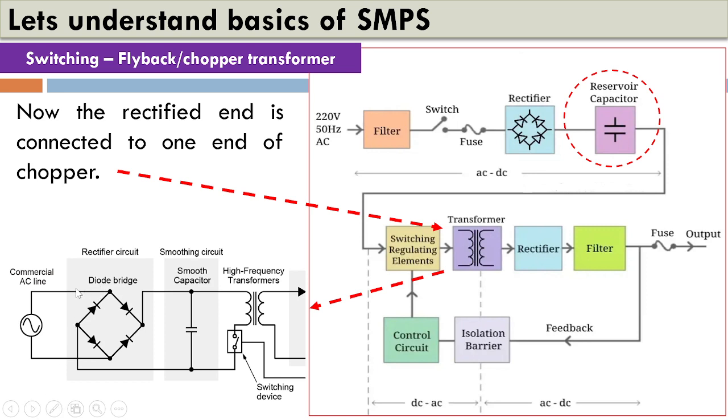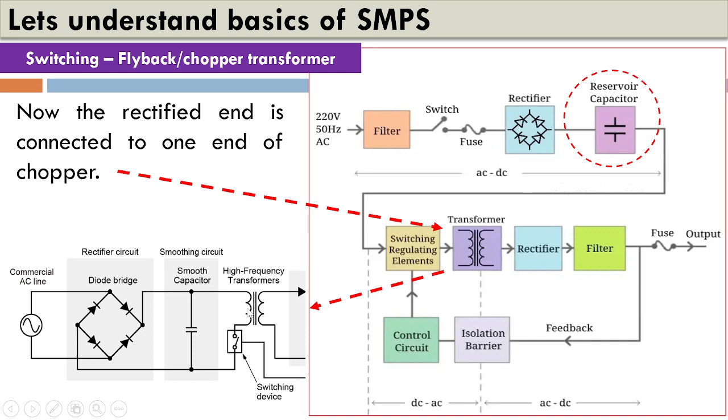As you can see, we have an AC commercial line rectified by diodes in bridge configuration, filtered and smoothened out by a filter capacitor, and one end of it gets connected to the high frequency transformer. Now you can see that the DC, which is filtered through a capacitor, is connected to a transformer, and we all know a transformer cannot work on DC.